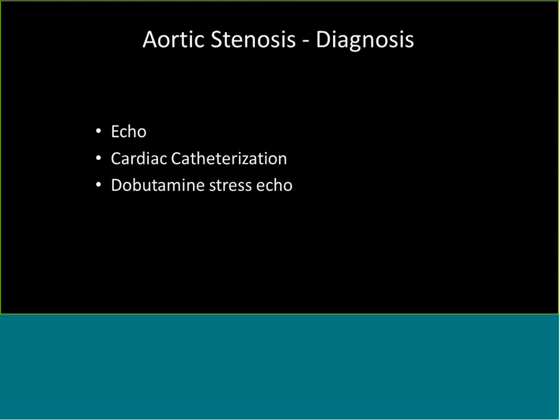So we use an inotrope, dobutamine, to increase that stroke volume and the cardiac output. So we do that, and there's little increase in the gradient. So an appropriate increase in stroke volume and cardiac output, but the gradient doesn't increase to meet that 40 millimeters mercury mean or 4 meters per second velocity, then we've overestimated our degree of AS, and the patient doesn't really have severe aortic stenosis, and we continue to monitor them. Intervention would not be indicated.